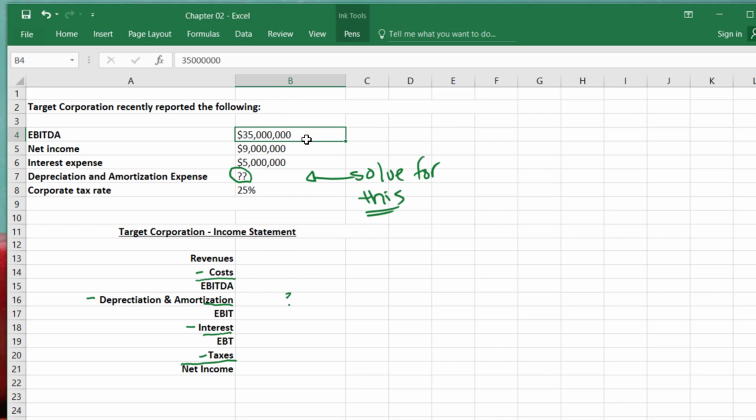So I'm going to put that right in there. The next thing we have is net income, which is 9 million. And our interest expense is 5 million.